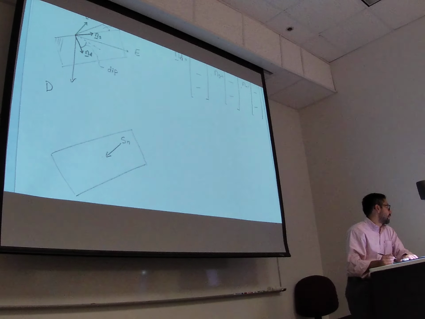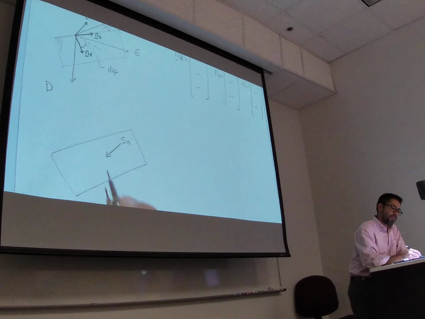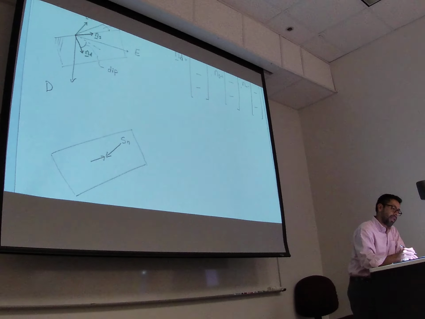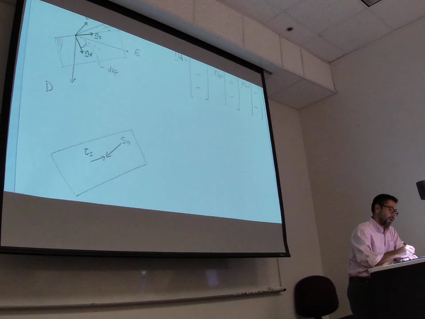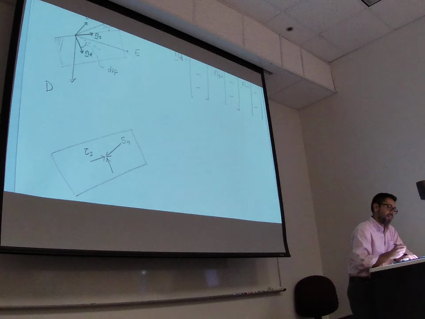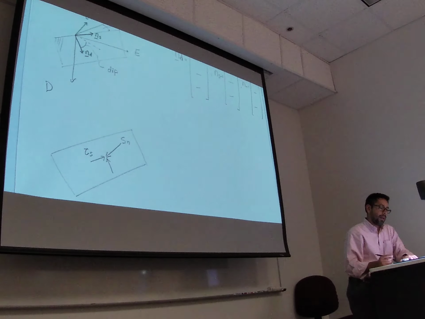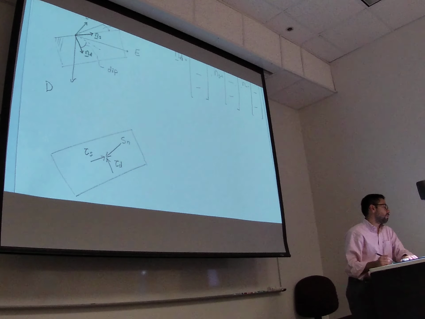Okay, that's normal to the plane, but in addition to that, we're going to have a component which is going to be on the plane, and it's going to be the shear in the direction of the strike. Also, since the plane in itself is a two-dimensional entity, we're also going to have a shear in the direction of the dip.